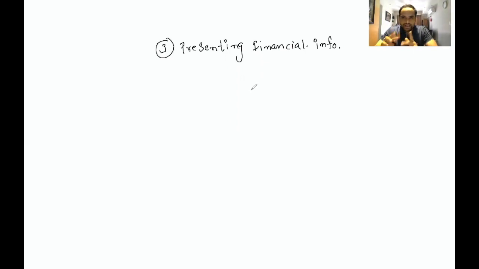In this, we're going to study two things. The first is the types of users we have, internal and external users. And second, different types of reports as per the management accounting system, by behavior or by nature, or by functions and so on.